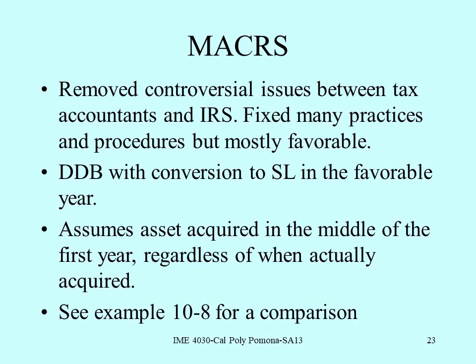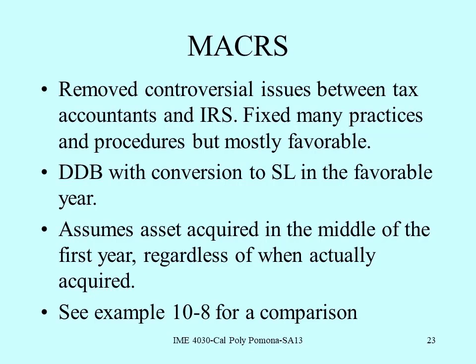The reason that MACRS came about was there was a lot of going back and forth between tax accountants and the IRS about what were the useful lives of products, of assets. Of course, business wanted to depreciate things faster to get the tax benefits, and the government was discouraging that because they wanted the taxes.